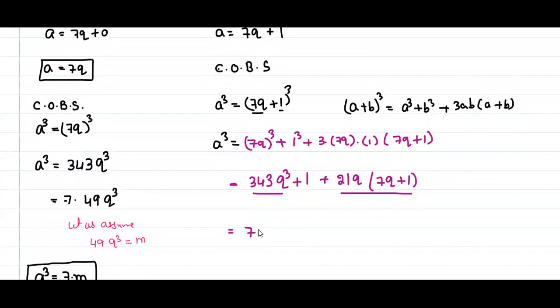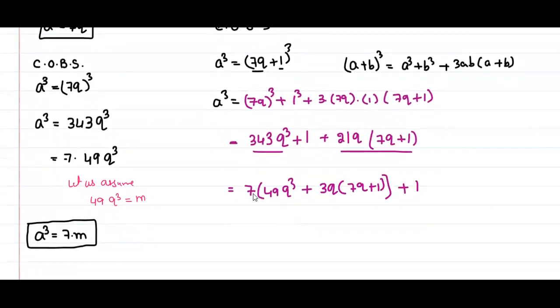Then 7 of 49q cube, plus from this term if you take 7, 3q of 7q plus 1, and the remaining is plus 1.